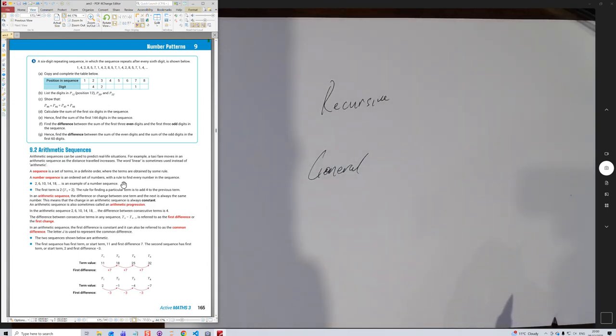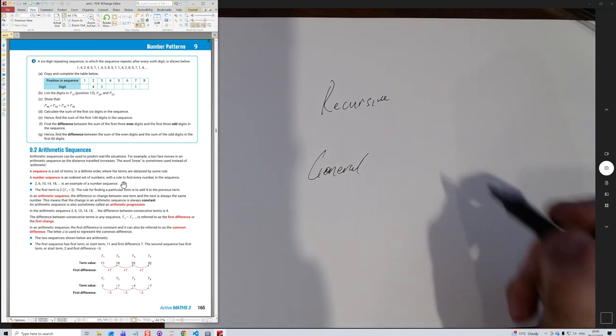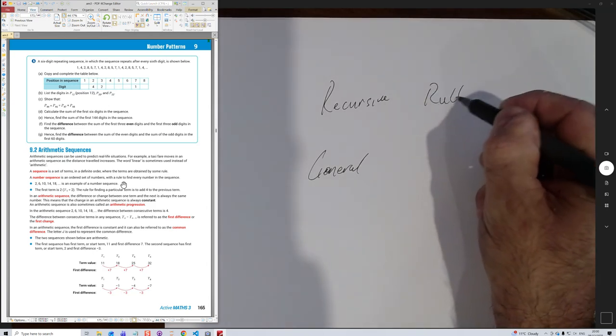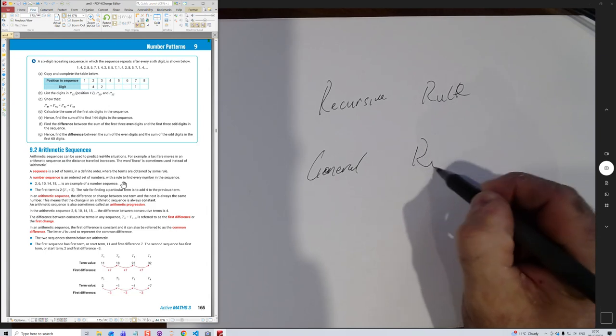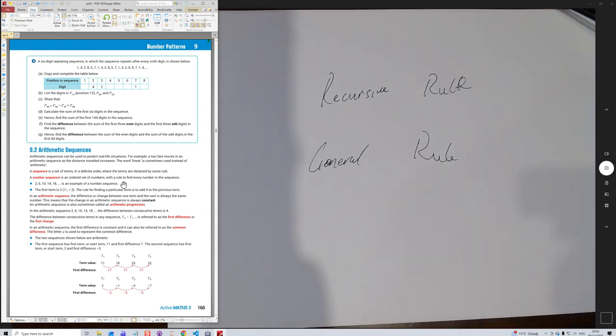So there's the recursive rule, or the term-to-term rule, and then there's the general rule. In an arithmetic sequence, the difference or change between one term and the next is always the same.